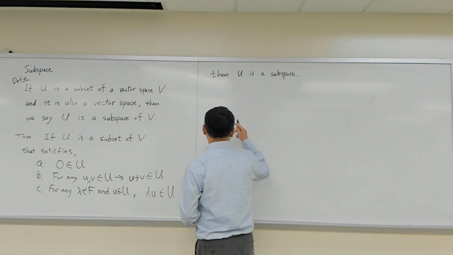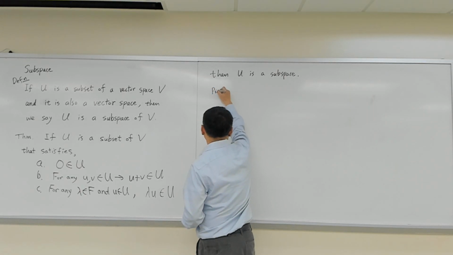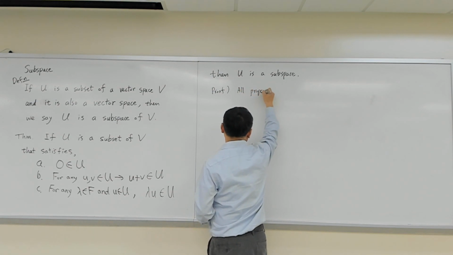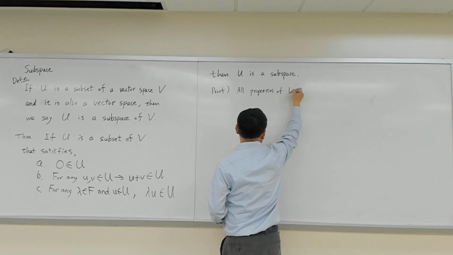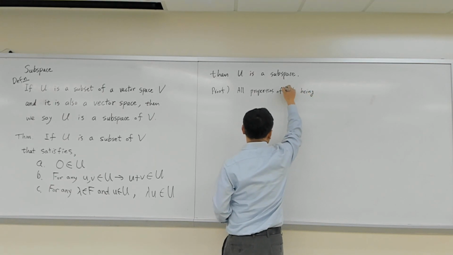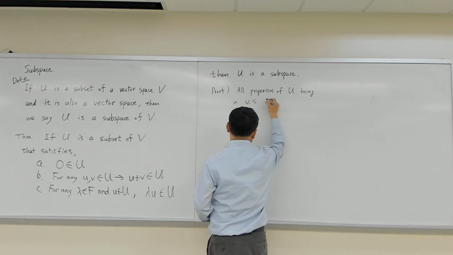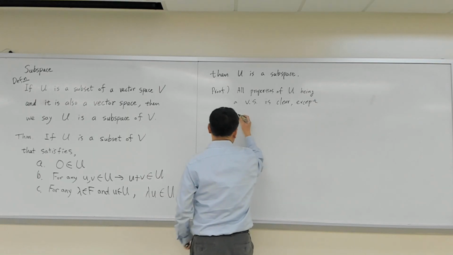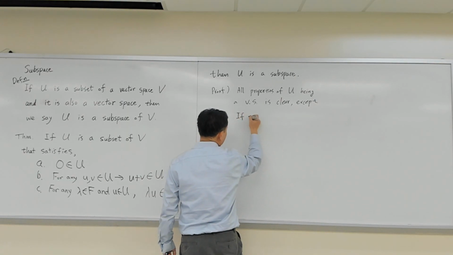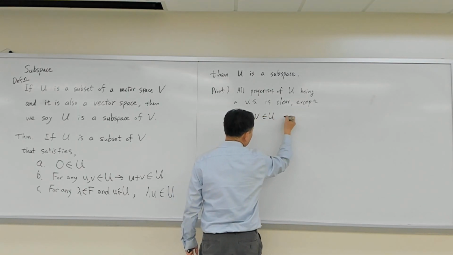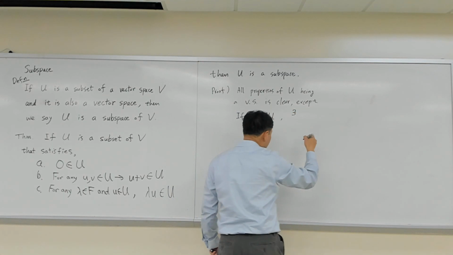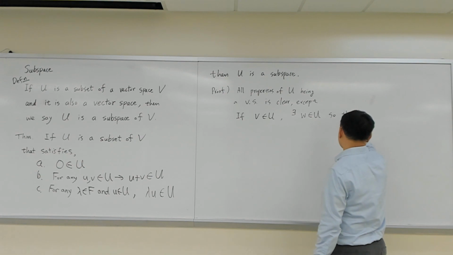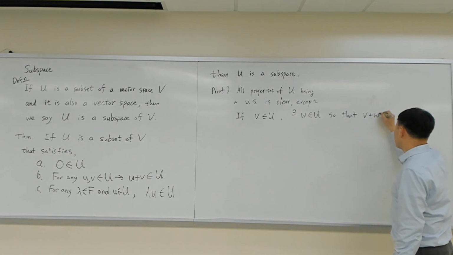Proof: all properties of U being a vector space are clear, except if v is in U, there exists a w in U so that v plus w is 0.